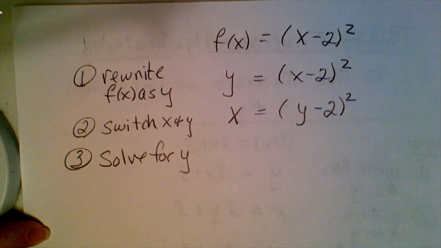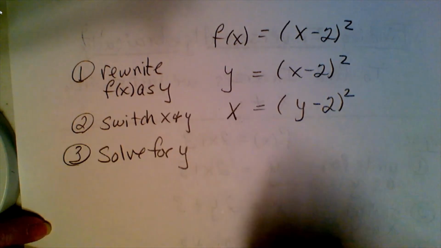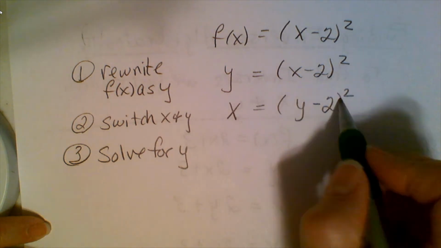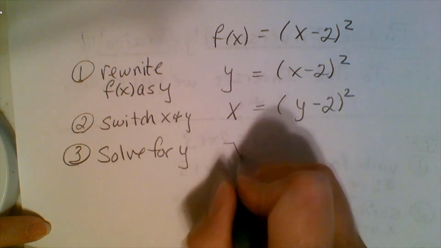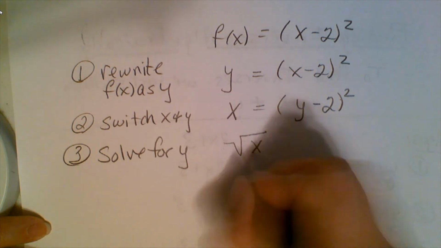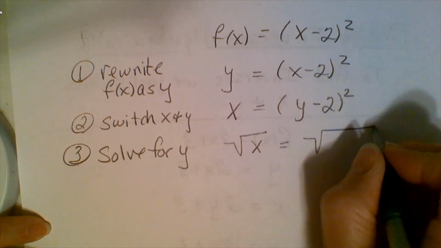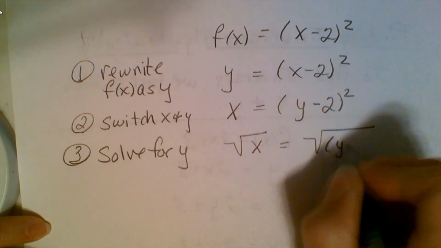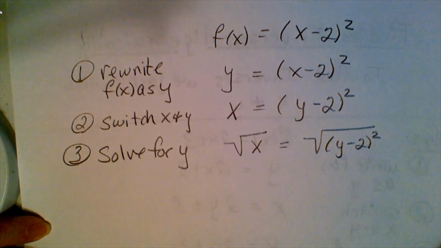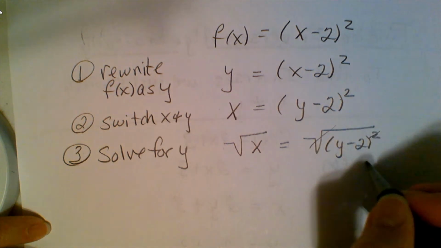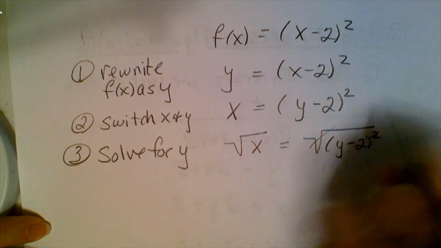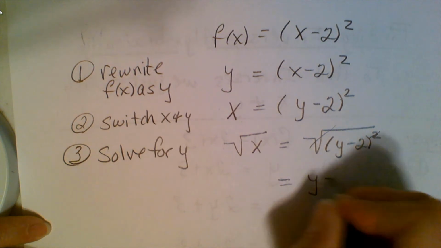Basically what we're doing is we're undoing the function in the first place. So in order to get rid of the square, we have to take the square root. Now, I do have to ask the question, because when I do this, this is a place where it undoes it. So I'm just left with what's inside, because there were 2 of them as a factor. So that comes out.